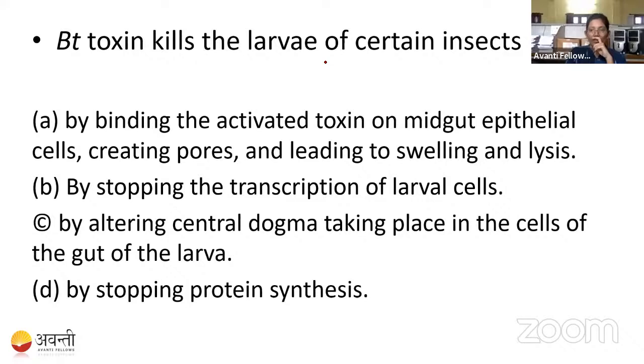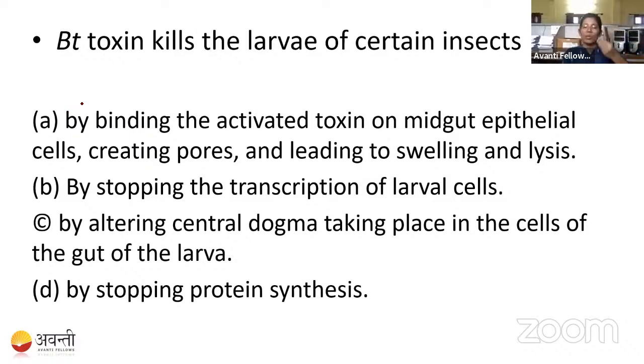Yes, very good. If you know this, you might know the previous one also, right? Why did you give the wrong answer? Is it by any mistake? The answer is here, and you have given the correct answer. In the previous class we discussed how Bt toxin kills the larva. It affects the midgut epithelial cells.